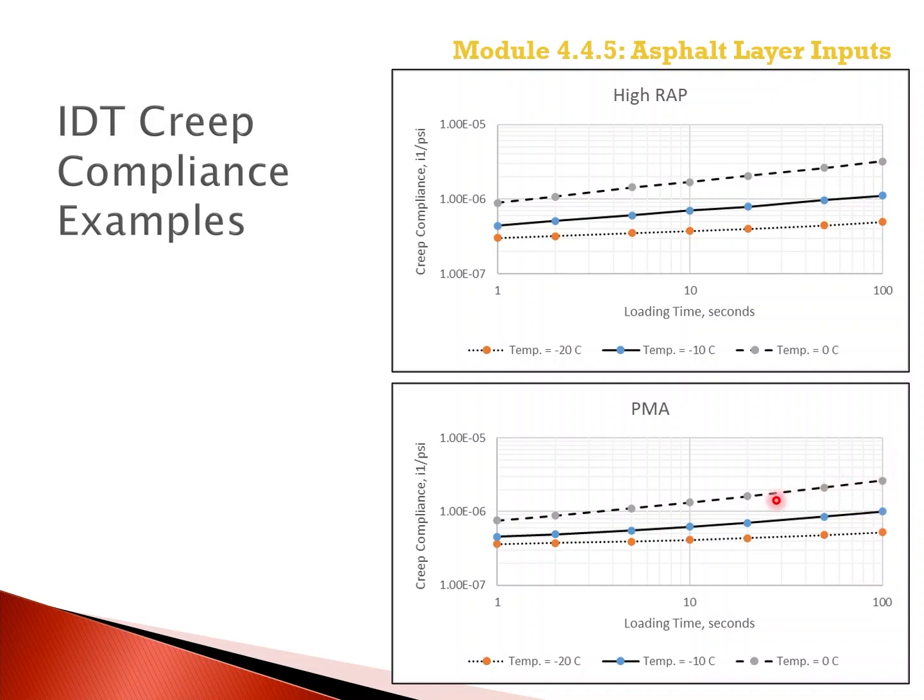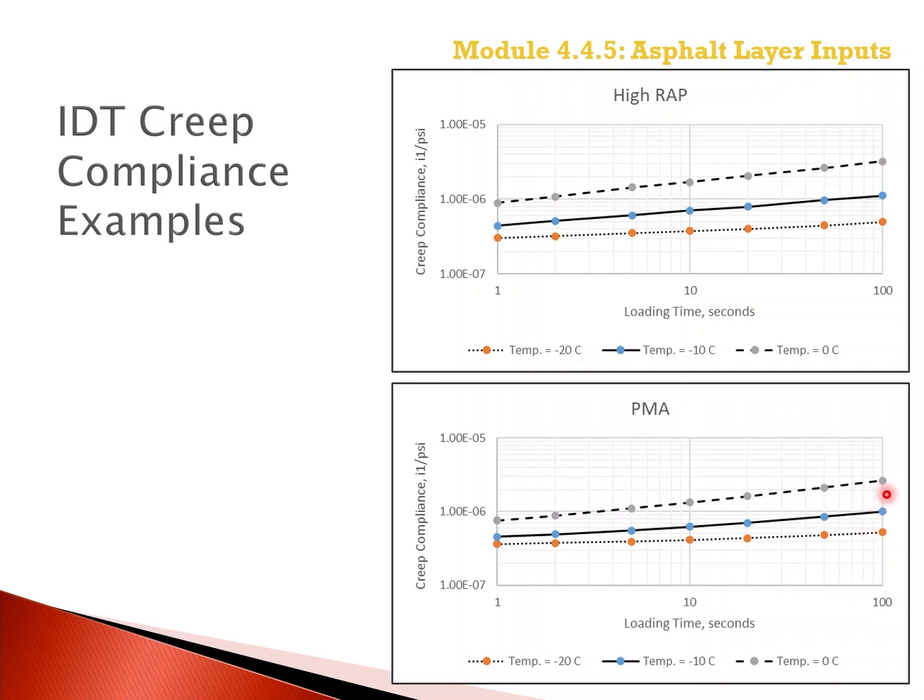The gray dashed line is 0 degrees C. The blue solid line, closed circle solid line, is -10 degrees C, and the red dashed line is -20 degrees C. So creep compliance increases with longer loading times and higher test temperatures.